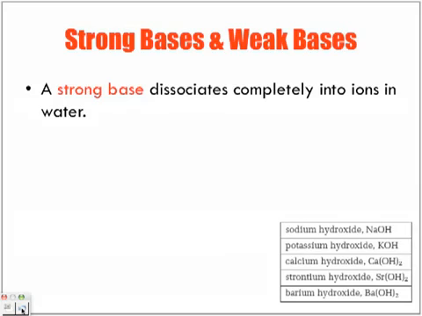To recap, a strong base dissociates completely into ions in water. The same goes for strong bases as with strong acids: if a strong acid dissociates completely in water, so will a strong base.